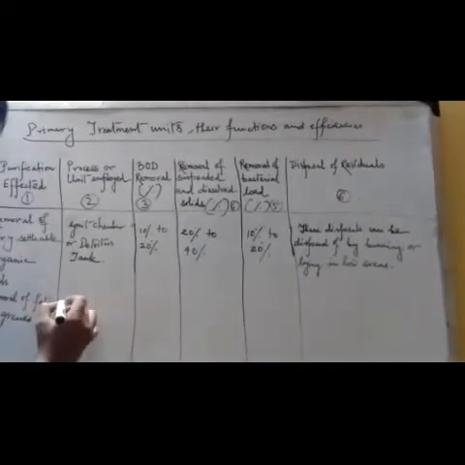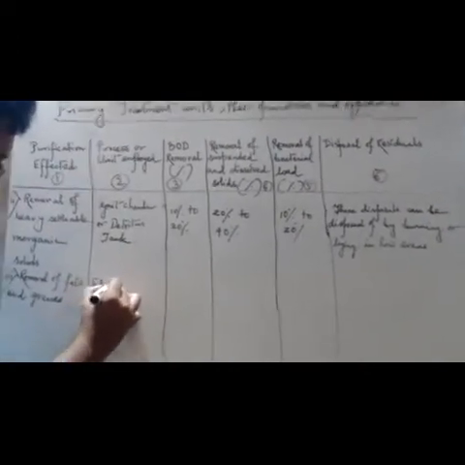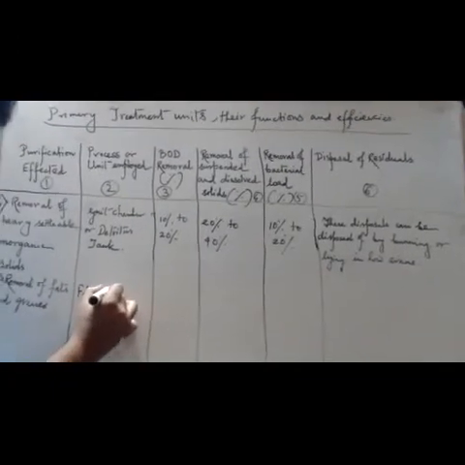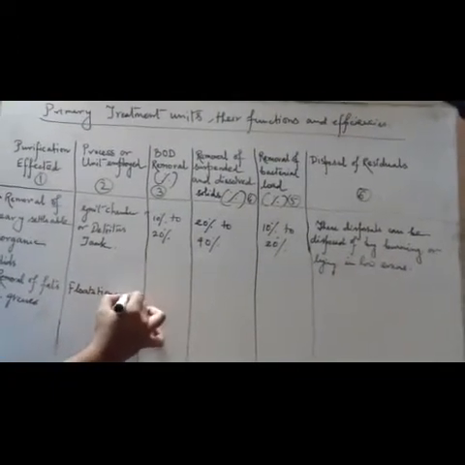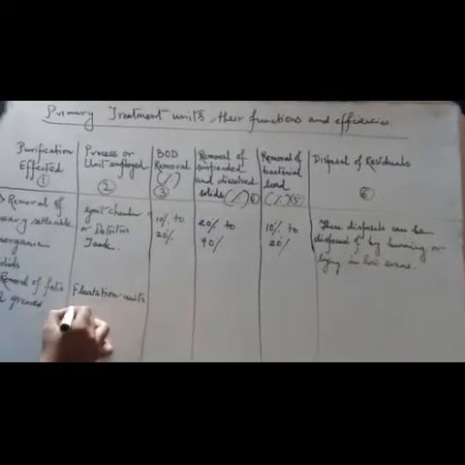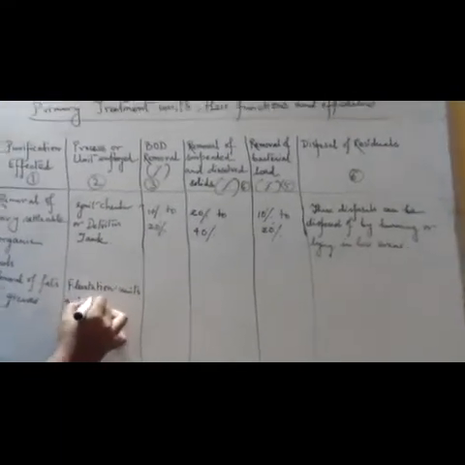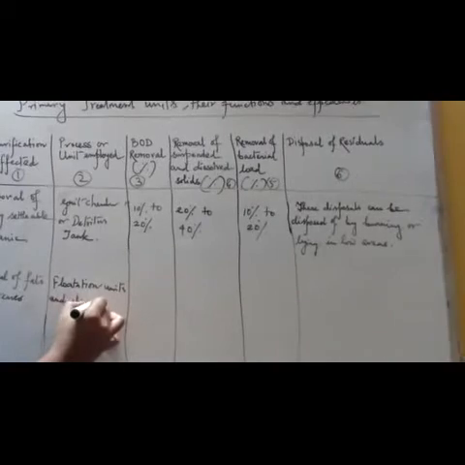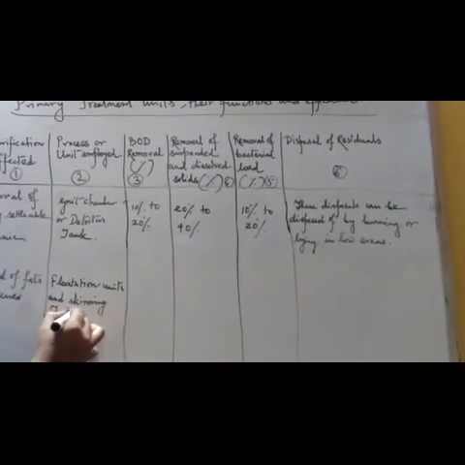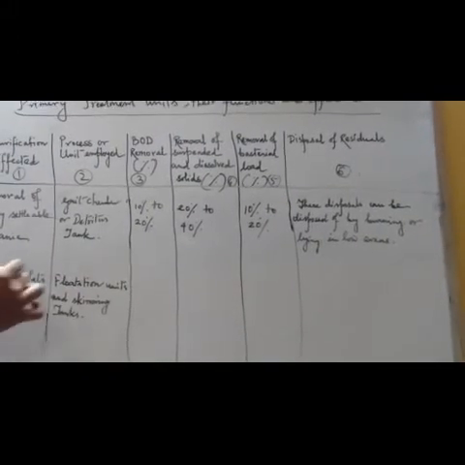And what are the units involved in this criterion? That is the flotation units and skimming tanks. So please write down, flotation units and skimming tanks.